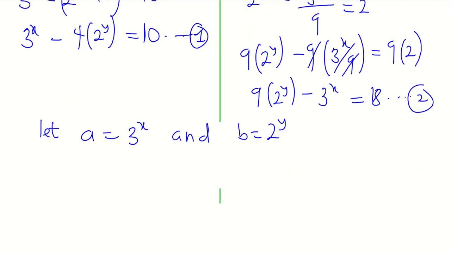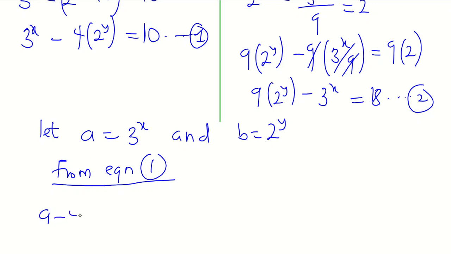Now if that happens, we do quick substitution, and from equation 1 we have a minus 4b is equal to 10. We can label this as equation 3.